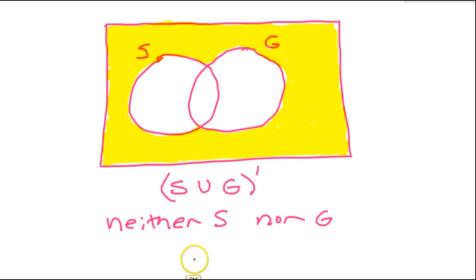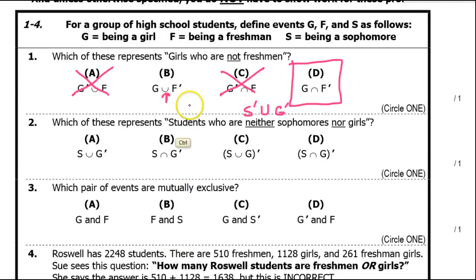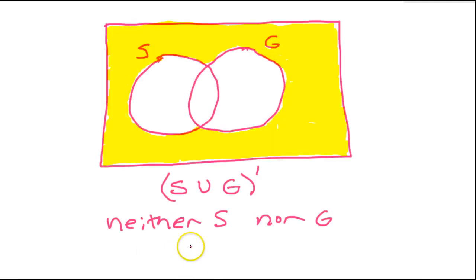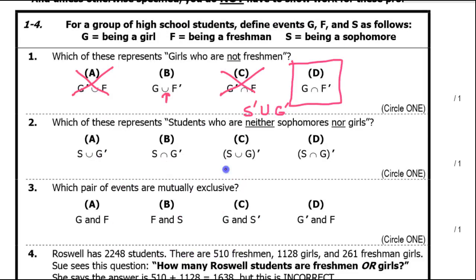In fact, at the very beginning, when I saw the phrase students who are neither sophomores nor girls, I had wanted to say not sophomore or not girl, because that matches perfectly. But putting that not on the whole set, sophomore or girls, it means the same thing as not sophomore or not girl, as you can see in the diagram. So I said all that to say that the answer has to be C. Not sophomore or girl.